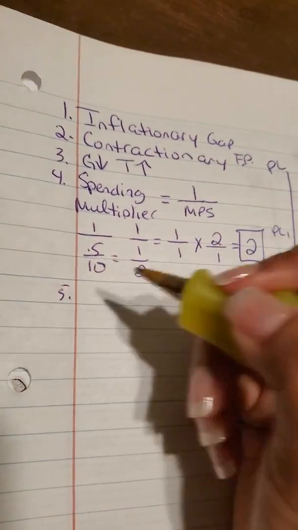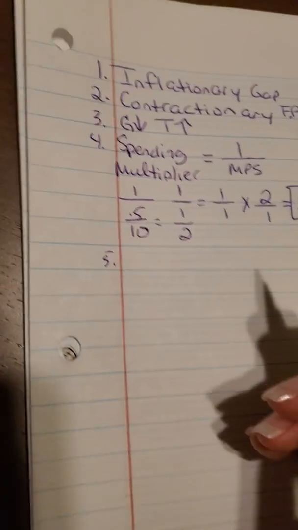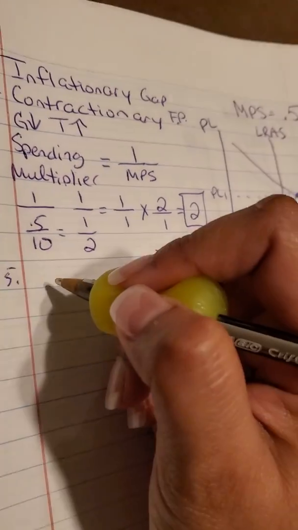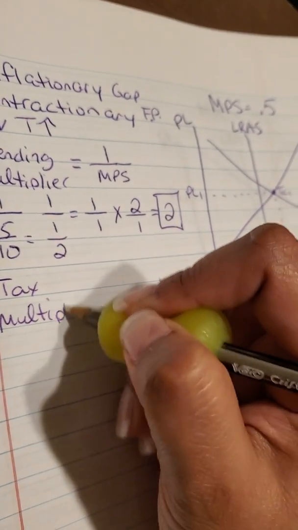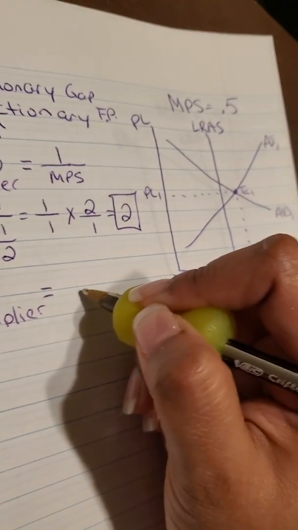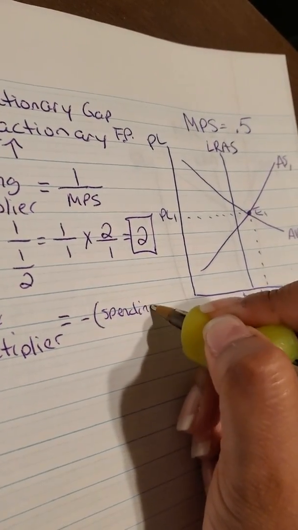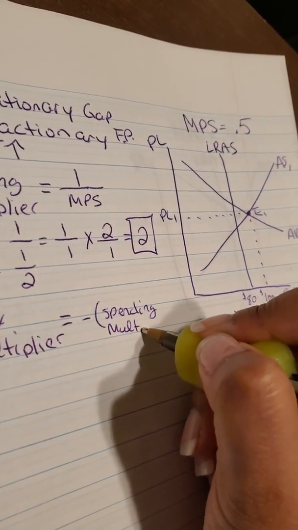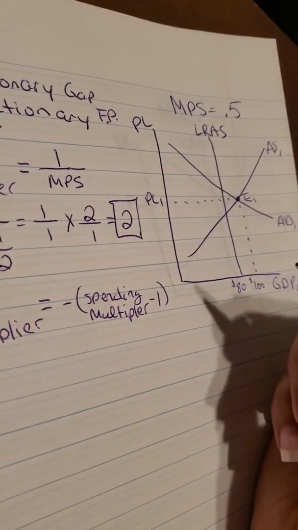Alrighty, number 5, we need to calculate the tax multiplier. And again, that is negative spending multiplier minus 1, close parentheses.